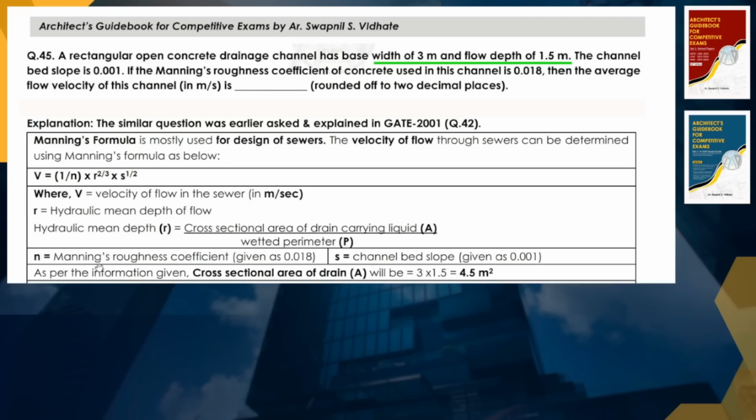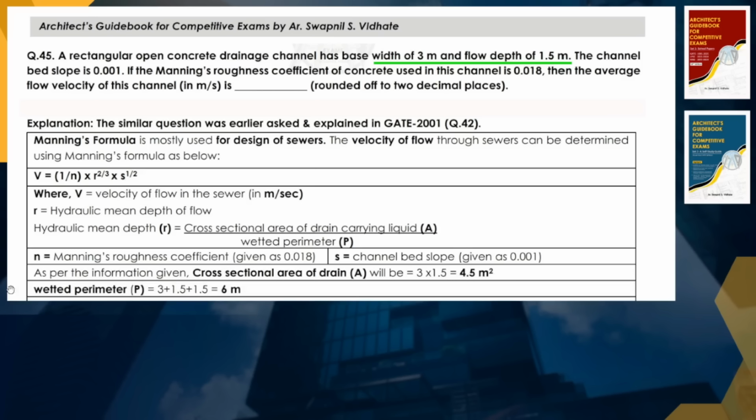So first, as per the information given, the cross-sectional area, because they have provided the width 3 meter and depth 1.5 meter, so the cross-sectional area will be 3 multiplied by 1.5, so the cross-sectional area will be 4.5 meter square. The wetted perimeter, so 2 times the flow depth, that is 1.5, plus the width, so 3 plus 1.5 plus 1.5, so the wetted perimeter P will be 6 meter.